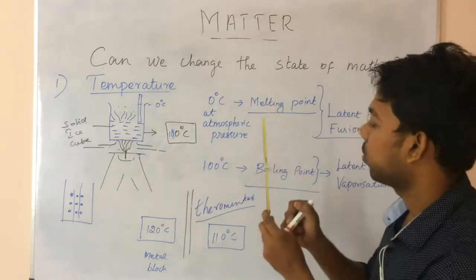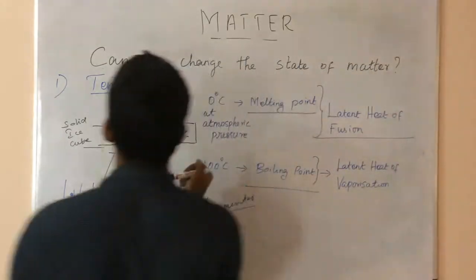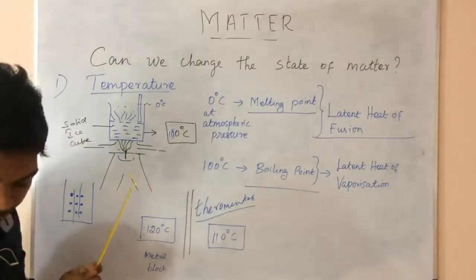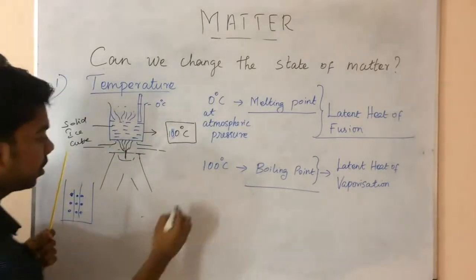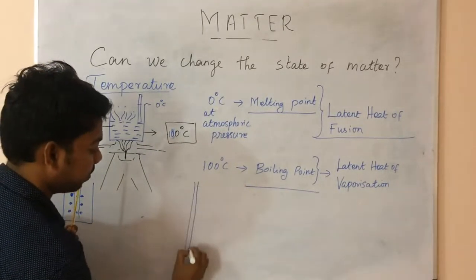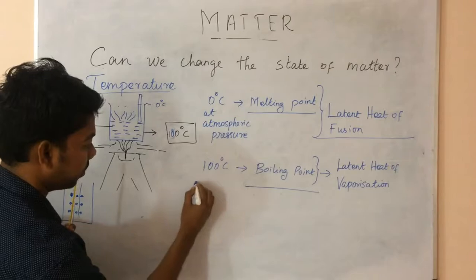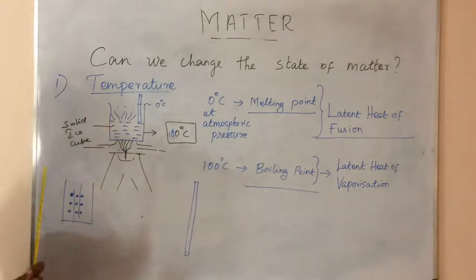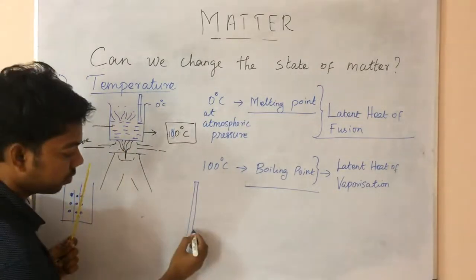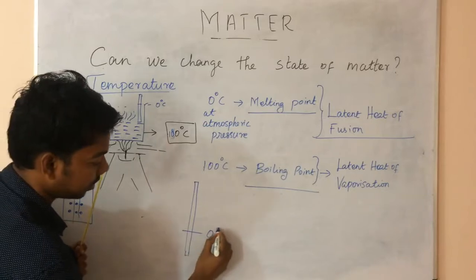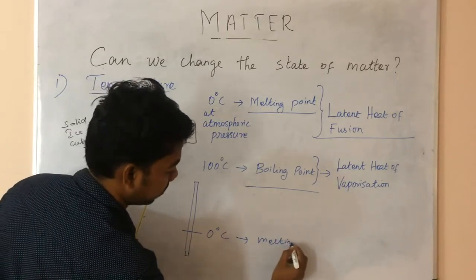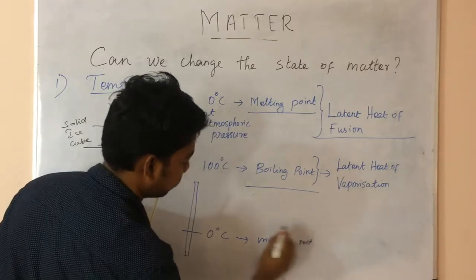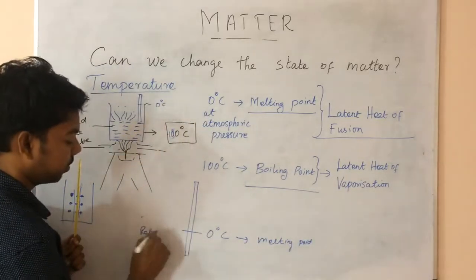Now if you see the thermometer, before the invention of the thermometer, how could we measure? So I am taking this as 0 degrees Celsius, the melting point. First this is a reference point.